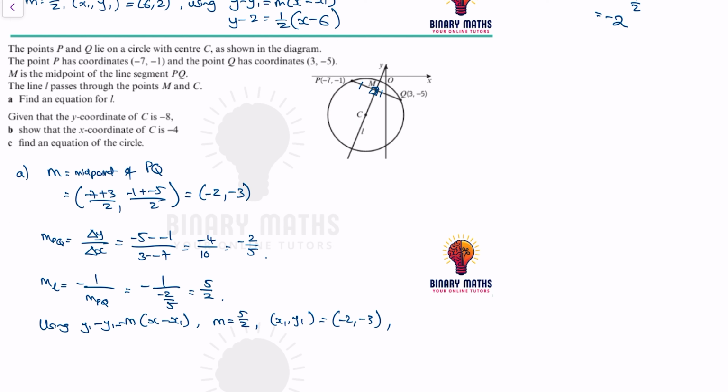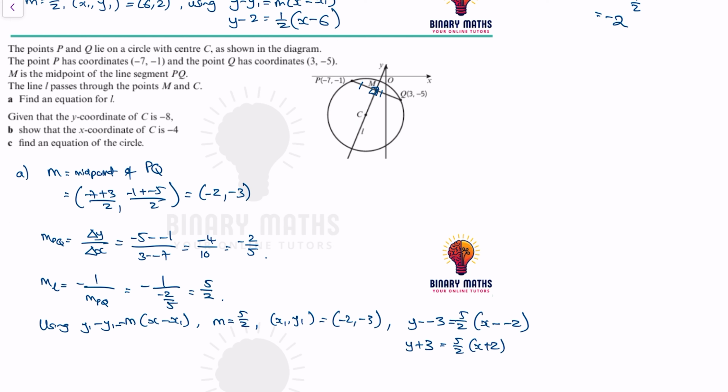I end up getting y take away -3 is equal to 5 over 2 times x take away -2, which gives me y plus 3 is equal to 5 over 2 times x plus 2.